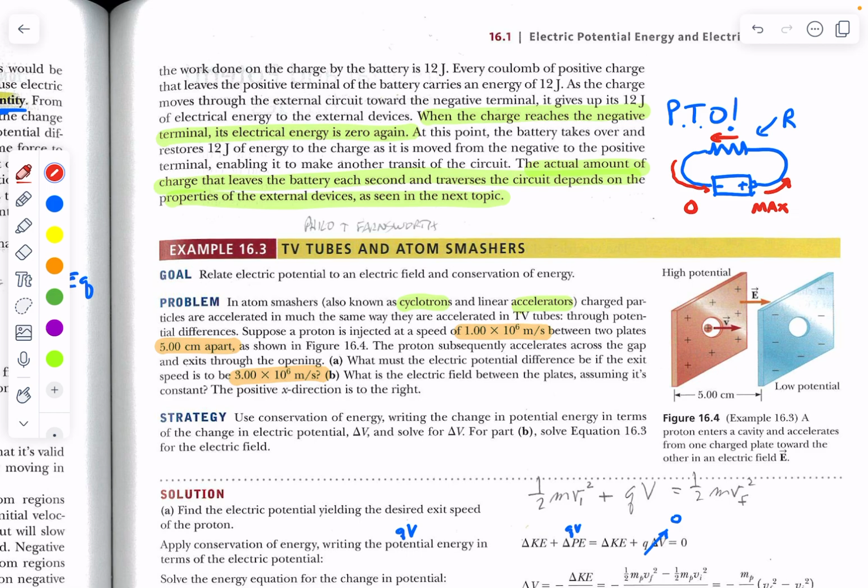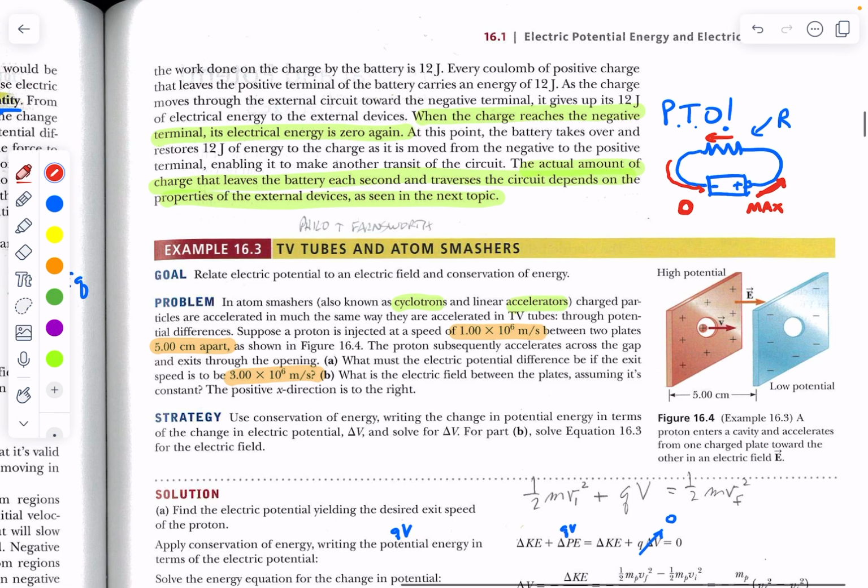If it's a brand new 9-volt battery, that would be 9 volts. If it's an older 9-volt battery that's been used for a while, it might be down to 8 volts or 7.5. But whatever that voltage is, it has that maximum value to start with, and it always returns home again with 0 voltage. And I've invented this little phrase here, PTO.